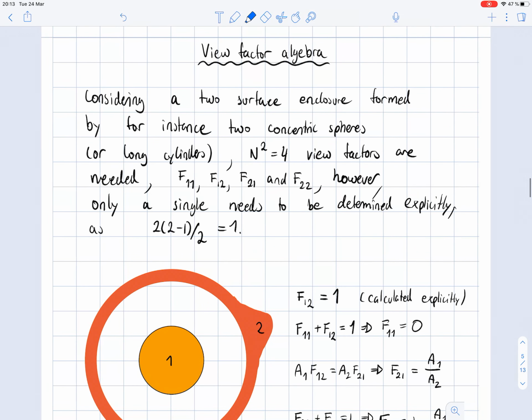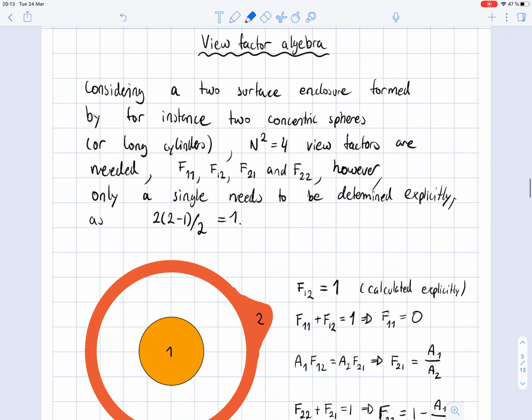So we'll look at some examples now before we go on to the adiabatic surfaces. Let us first consider a system which has two surfaces that form an enclosure.